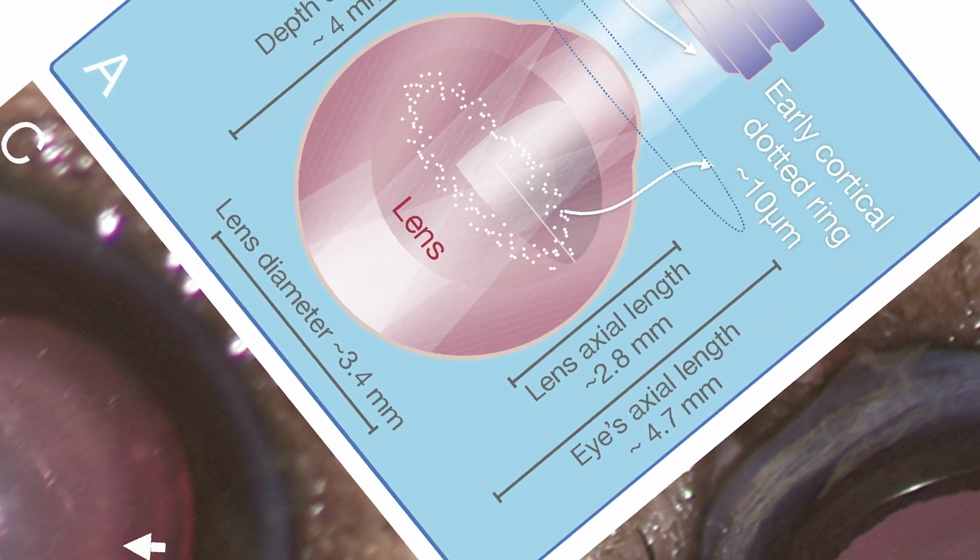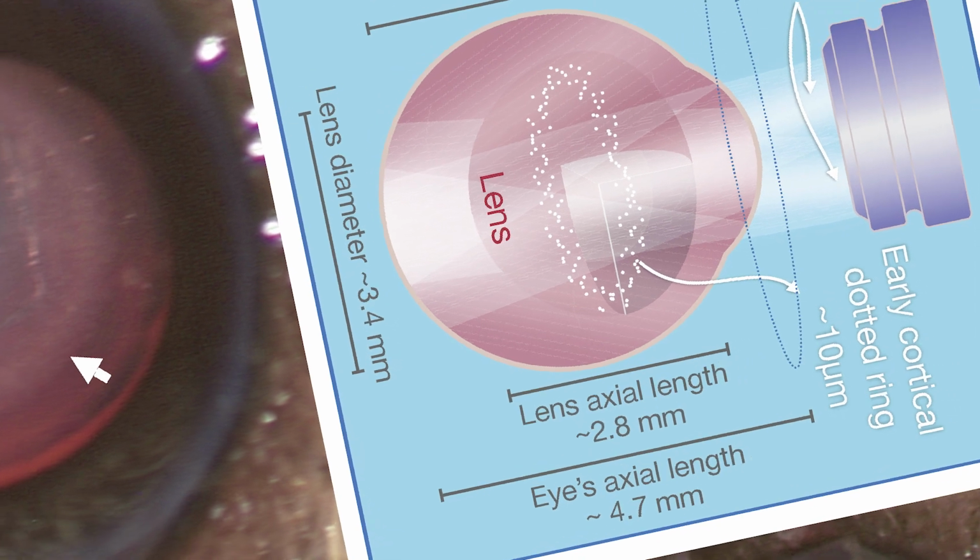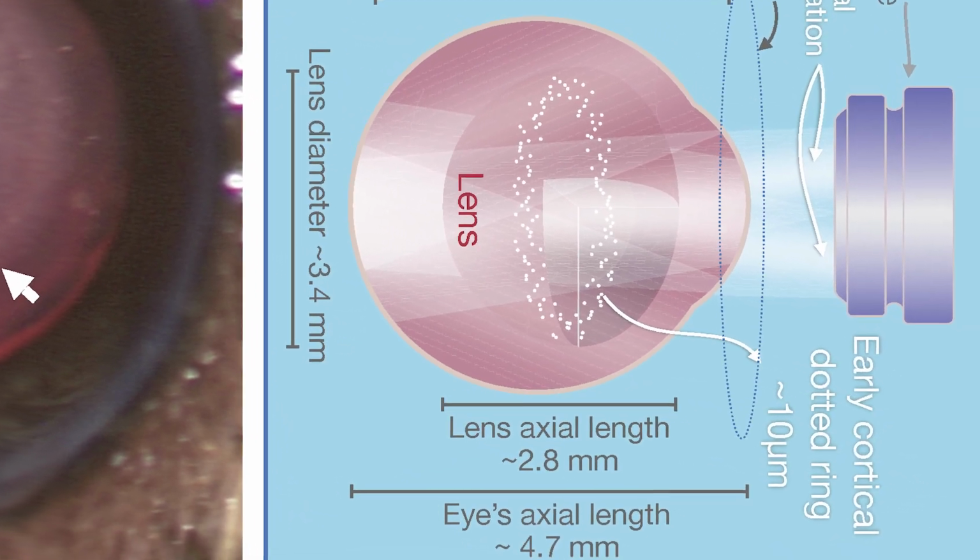If you go back in the literature, the current understanding of how diabetic cataracts form relies on a hypothesis called the sugar cataract hypothesis.